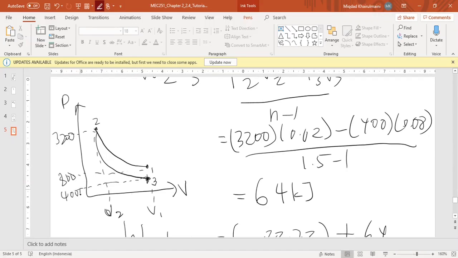If we were to draw like the first time, it would be wrong because the pressure is higher. That's why we have to determine the properties first. Don't sketch it first, determine the properties first. So this is the solution for the second portion of this tutorial question. Thank you for your attention and have a good day.